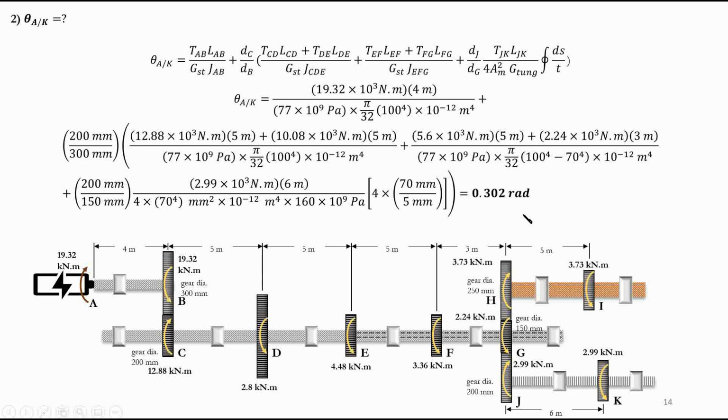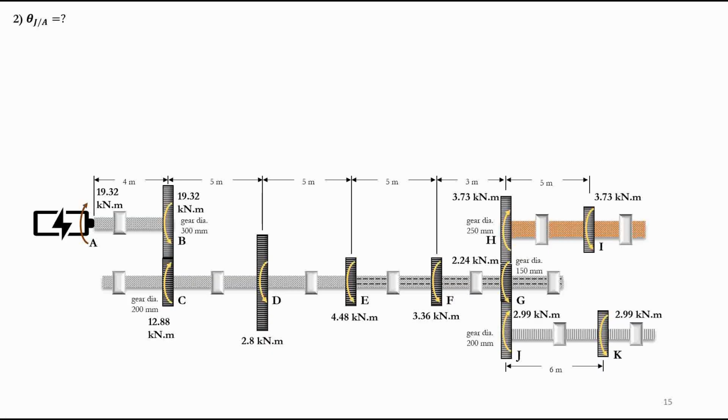The question also asks about theta J with respect to A. How can we do that? We start with point J, which is a little bit odd. We usually start from one point so that we can go forward, but here we are given point J. So if we want to move from point J forward to point A, we have to move to G. What did we do before?